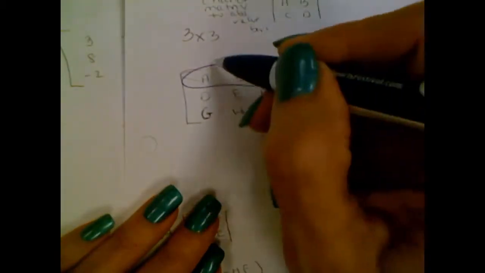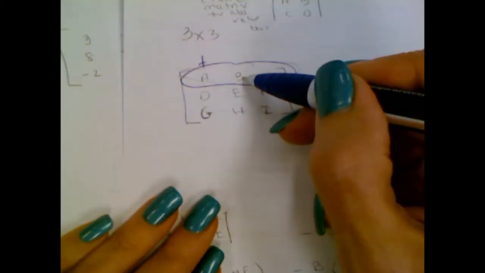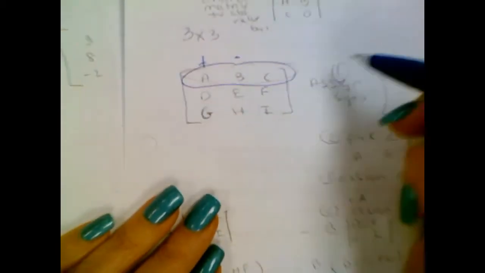So if you pick this row right here, this plus goes with this one. This minus doesn't mean subtract. It means take the opposite of whatever this current number is. Take the opposite of that, and then positive means keep it the same. So it's like same, change, same. Don't think of them so much as positive, negative. Think of them as same, change, same. Like change sign. Yeah. Okay?